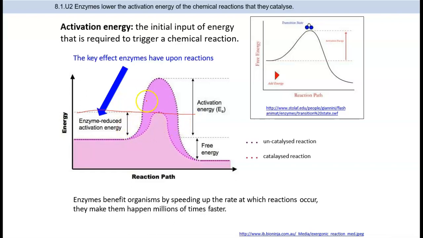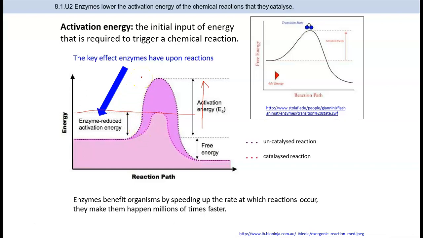But if there is no enzyme, then the activation energy will be higher, which means that we need more energy in order to activate that reaction and make it possible. And that's one of the functions of enzymes, to lower the activation energy.